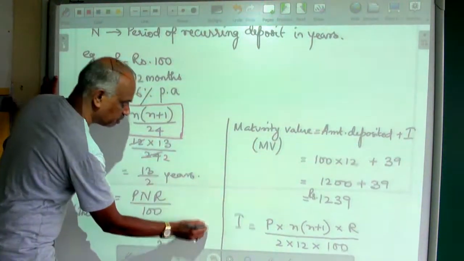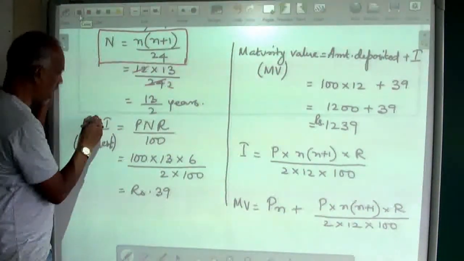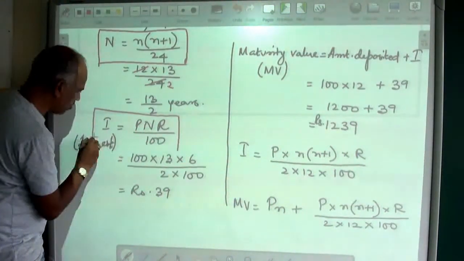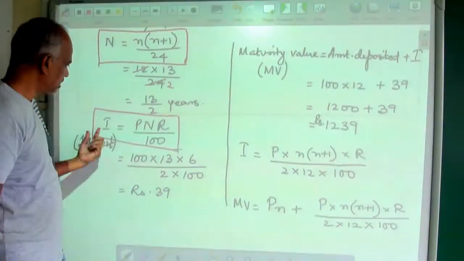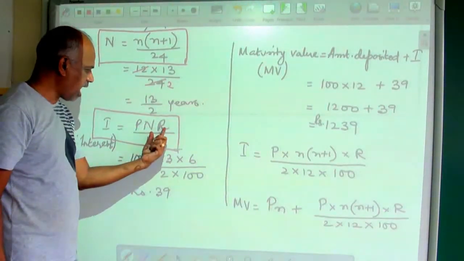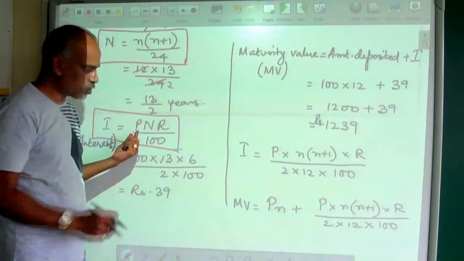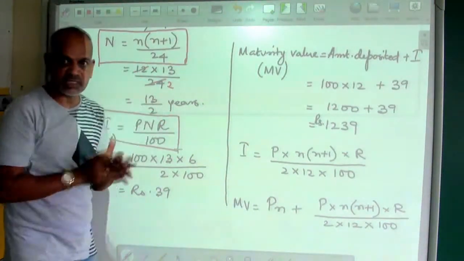I, which stands for interest, is equal to PNR by 100, where P is the principal or the monthly installment, N is this value that we found, and the rate was given as 6%.